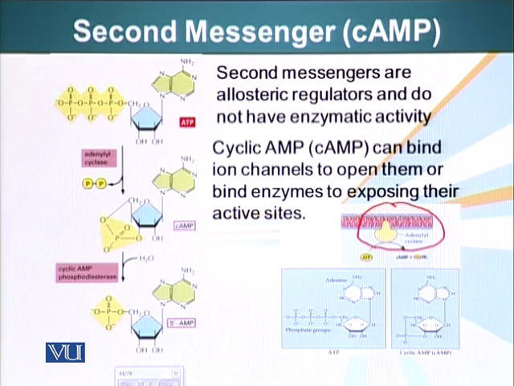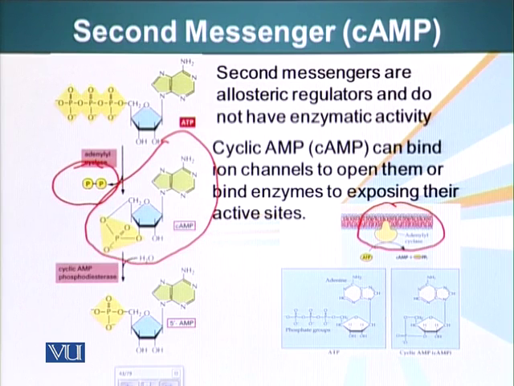Adenylyl cyclase takes an ATP molecule, gets rid of two phosphate groups right here, and produces a cyclic compound called cyclic AMP. We have encountered this molecule earlier too when we were talking about bacteria, the lac operon.